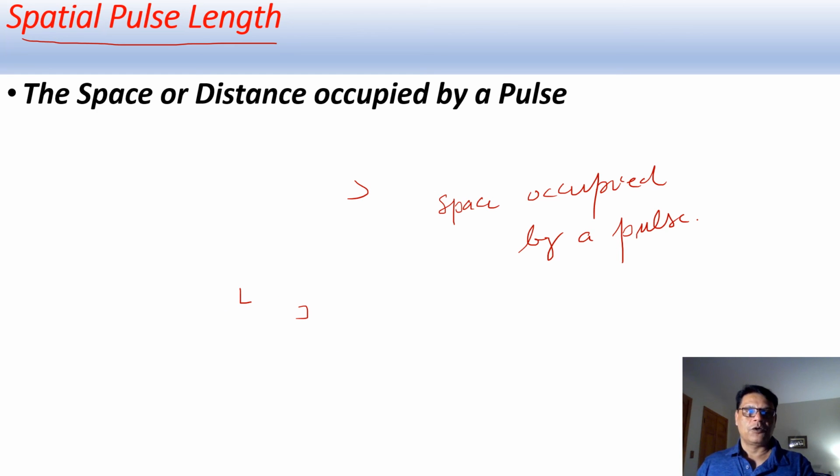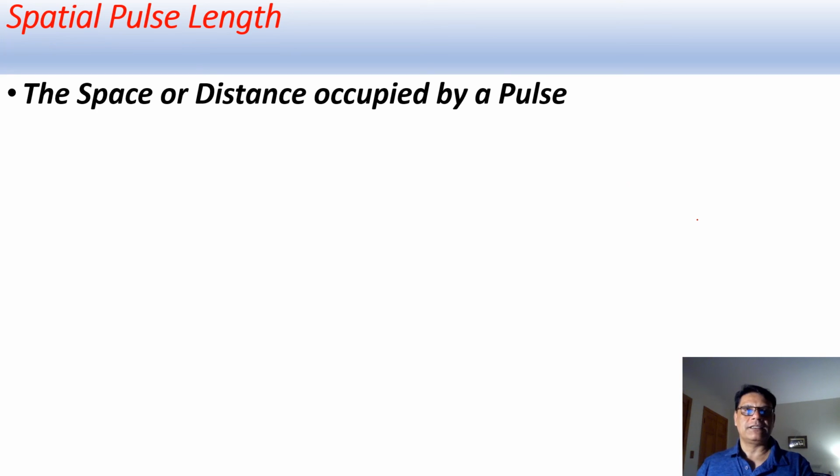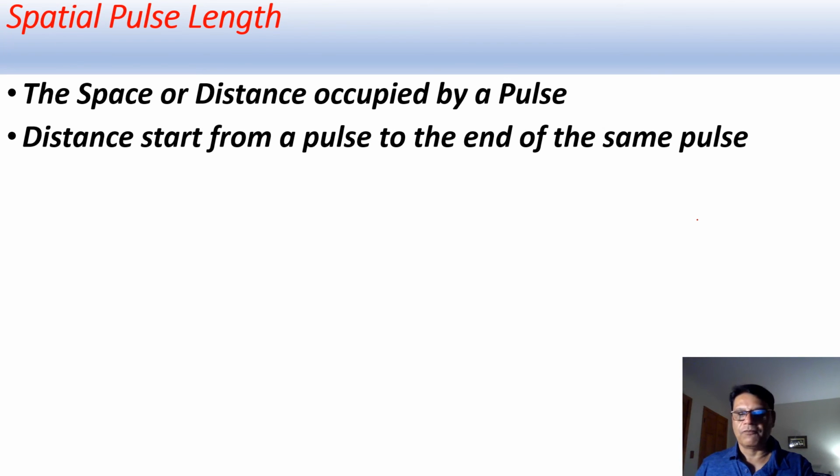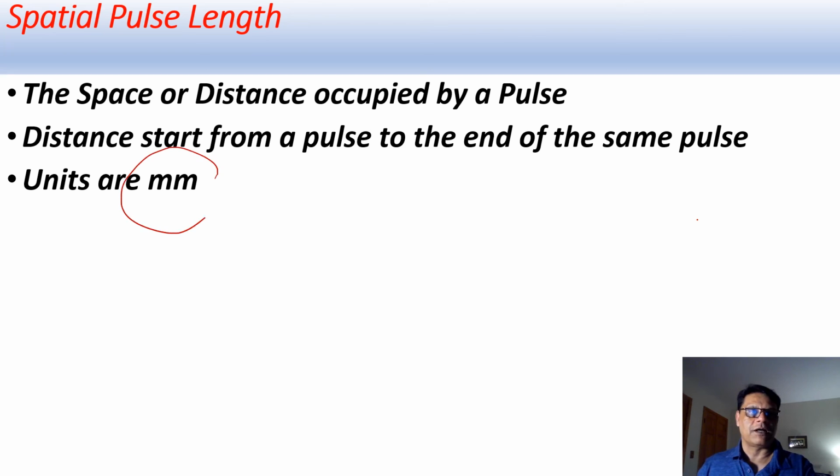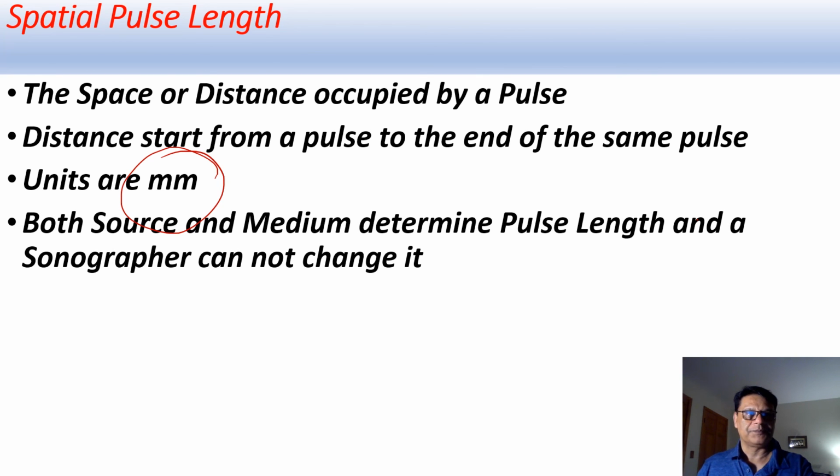The pulses that have small pulse duration and small spatial pulse length are required, and they have high frequency, and high frequency means high resolution, but with the trade-off of penetration. So the distance from the start of a pulse to the end of the same pulse is called spatial pulse length. It is a length or a distance, so its units are millimeters or meters.